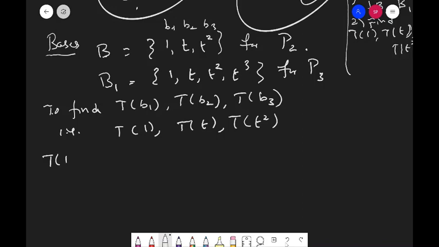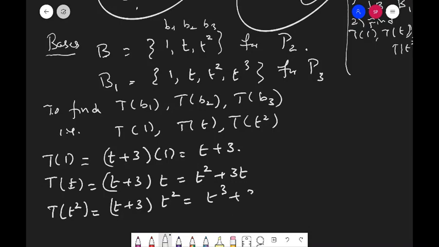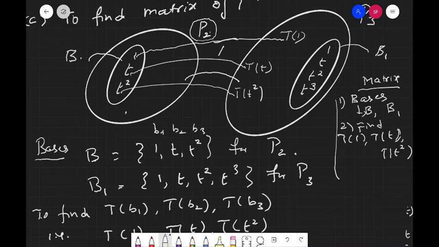So T of 1, by definition, is equal to t plus 3 into 1, which is equal to t plus 3. And T of B2, that is t plus 3 into t, is equal to t square plus 3t. And T of t square is equal to t plus 3 into t square, which is equal to t cube plus 3t square.